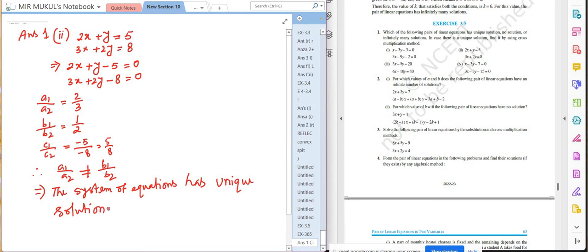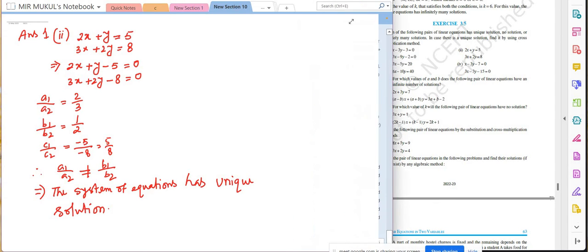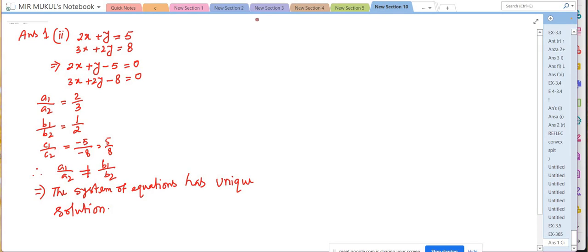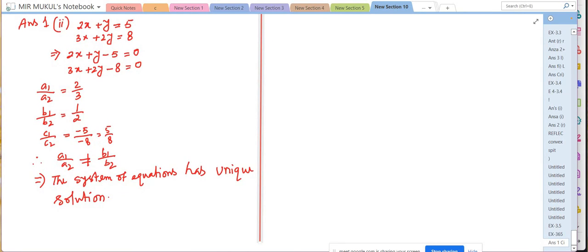If it has unique solution, then we have to solve by cross multiplication method, right? Now here 2x plus y minus 5 equals 0, first equation.